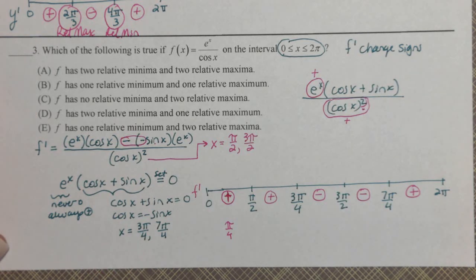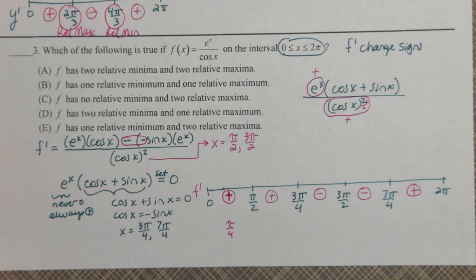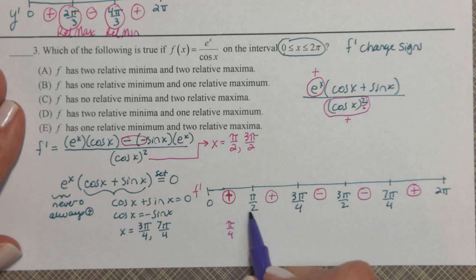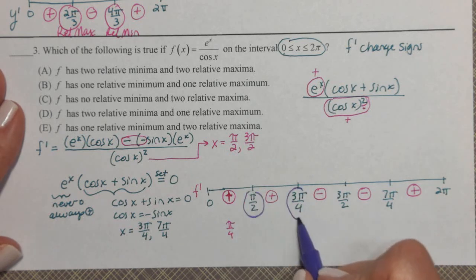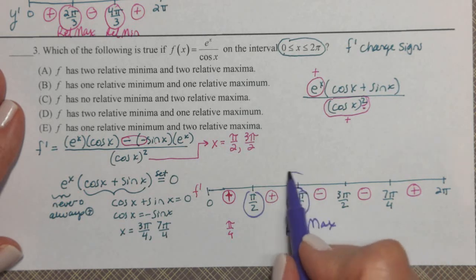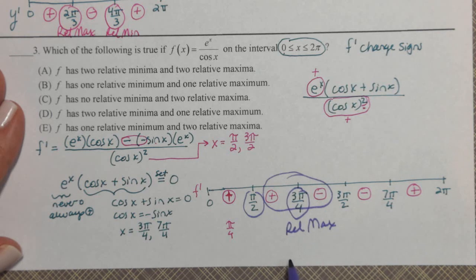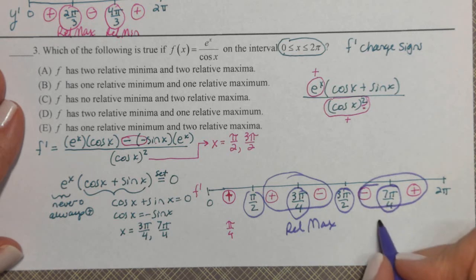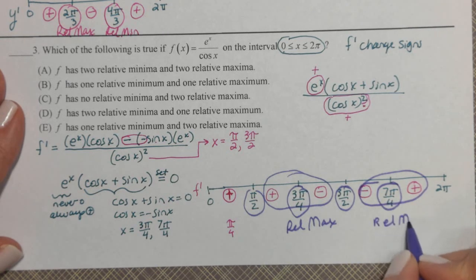Okay, so let's see where our relative min and maxes are. So let's see. This is neither, because we did not change signs. This is a relative max, because we changed from positive to negative. There's no sign change here, so it's a neither. There is a sign change here, and we went from negative to positive, so that is a relative min.